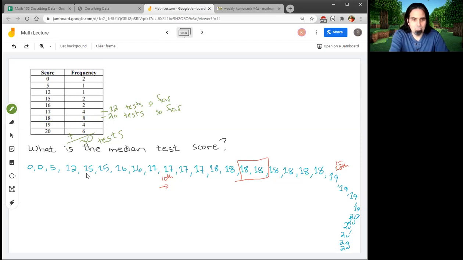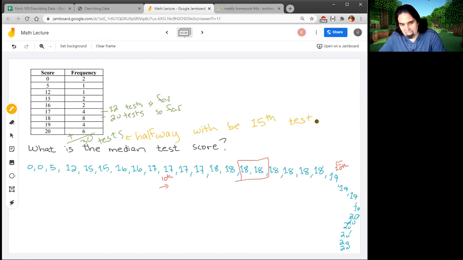Does that make sense? Let me make that look like a 20 badly. So I could just say that halfway will be the 15th test. And if I go down, then the 15th test will happen during the score of 18.